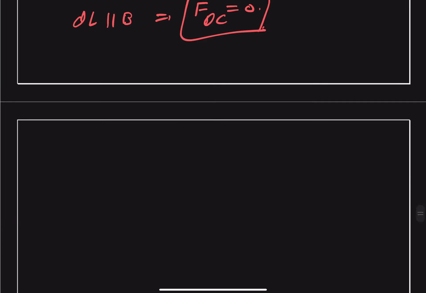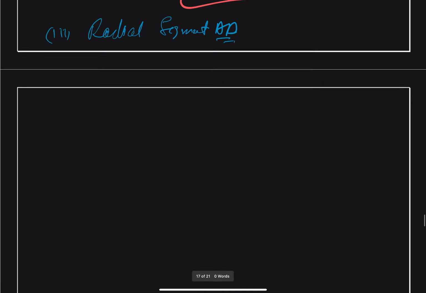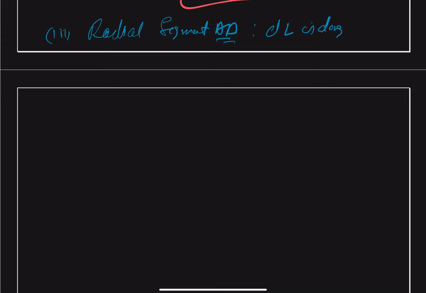Now we come to the radial segment AD. Third is our radial segment AD, and here our dl is along the r unit vector.